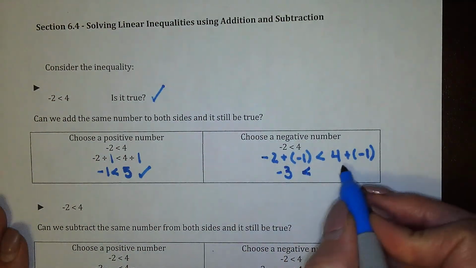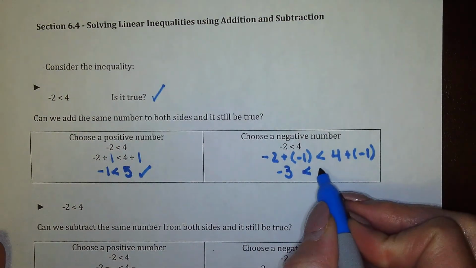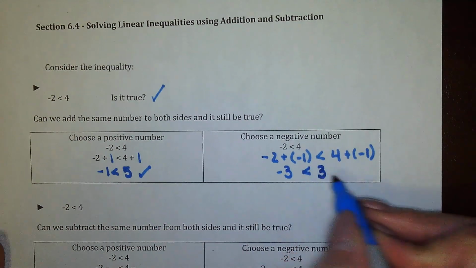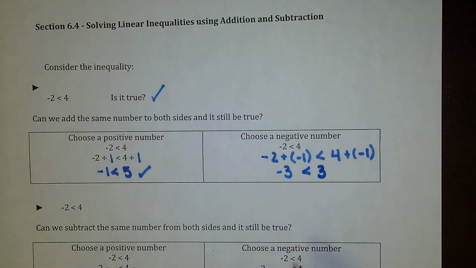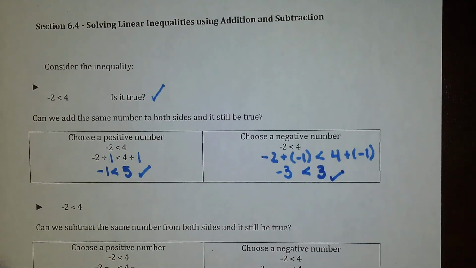And 4 plus -1 is like taking away 1. So 4 take away 1 is a +3. Well, we know that a -3 is less than 3. So that is still true.